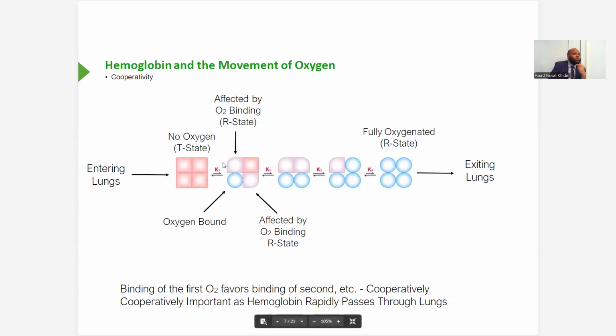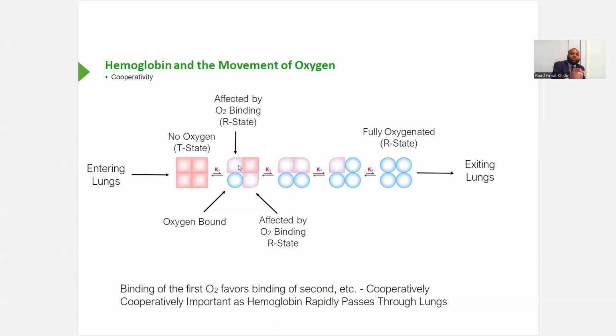So that's exactly what happens. Here, when one binds oxygen, the other three bind oxygen. That is cooperativity. That's positive feedback, just like the platelet: if one platelet binds, the second will be on top of it, the third on top, the fourth on top.